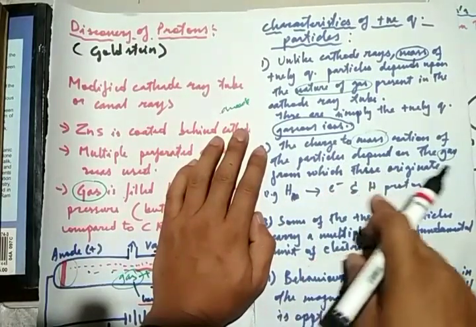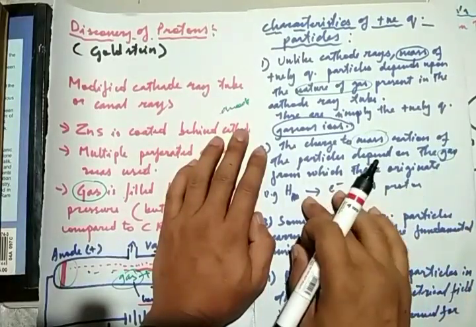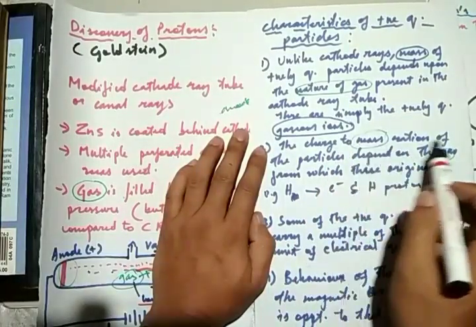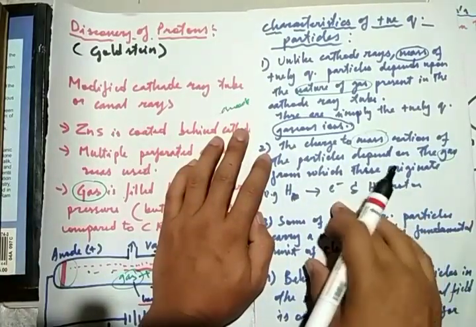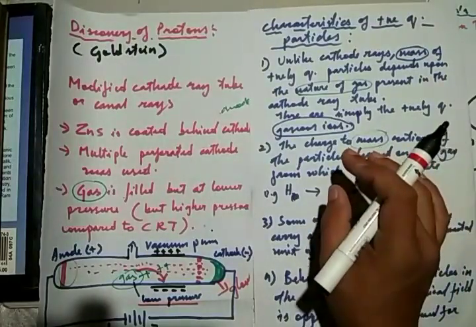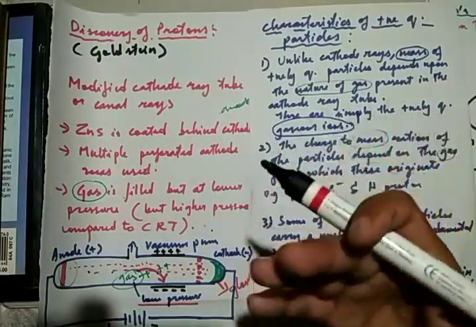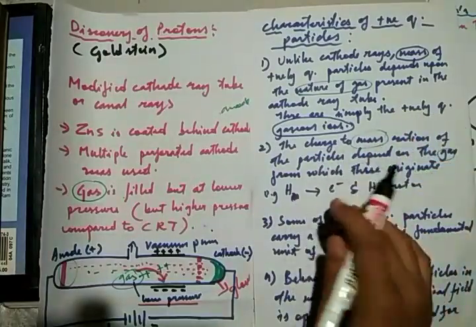Hydrogen has one electron and one proton. Hydrogen, being the lightest gas, has the highest charge to mass ratio value. So heavier elements or gases will have a lesser charge to mass ratio compared to hydrogen.